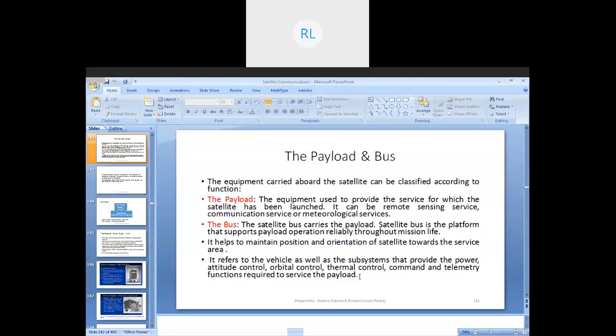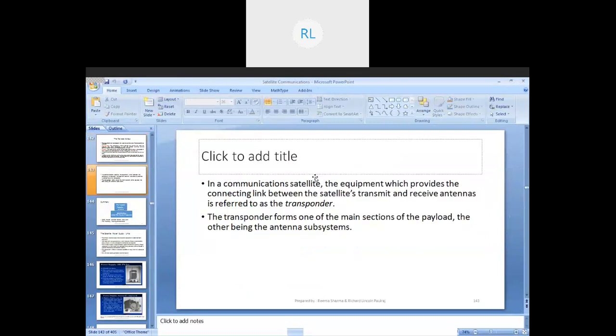We have to make sure that all these services are rendered to the satellite: proper temperature, proper orbital control, it should be at the proper height, and it should also keep the payload safe. All these are the functions of your bus.